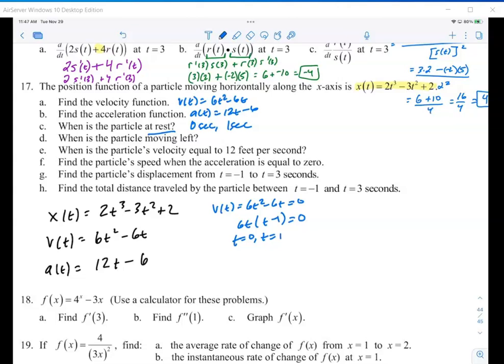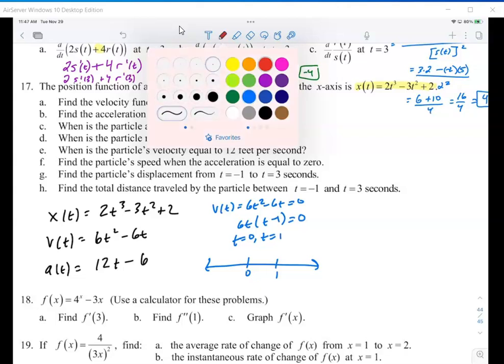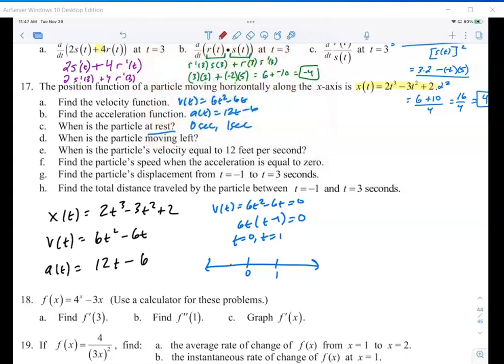When's the particle moving left? Well, I'm going to do a sign line graph. Anything less than 0, like negative 1: 6 times negative 1 is negative, negative 1 minus 1 is negative, negative times negative is positive. Between 0 and 1, if I plug in a half, 6 times a half is positive, a half minus 1 is negative, so it's negative.